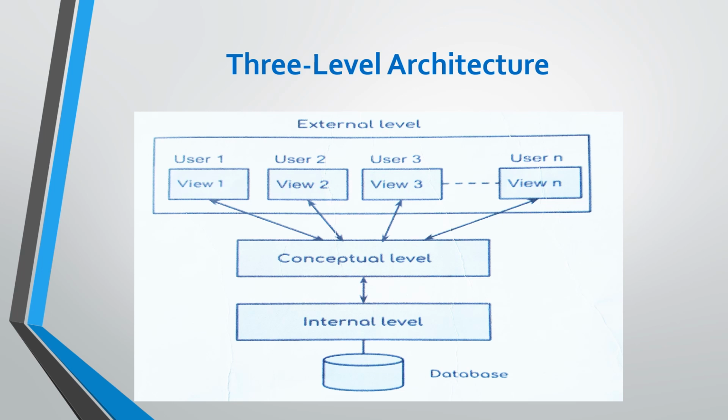This physical level describes how the data is physically stored and organized on the storage medium. At this level, various aspects are considered to achieve optimal runtime performance and storage space utilization. So this is the functionality of the internal level.